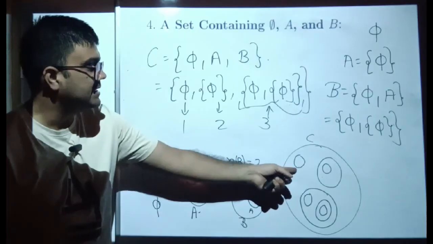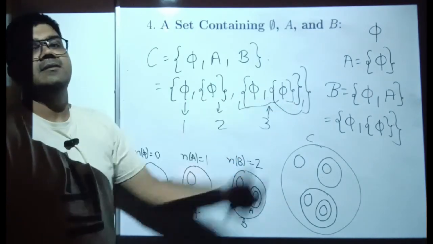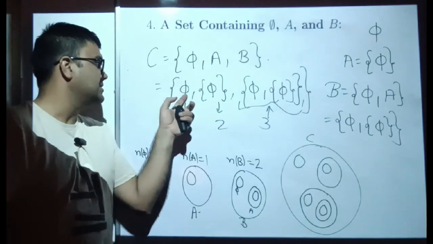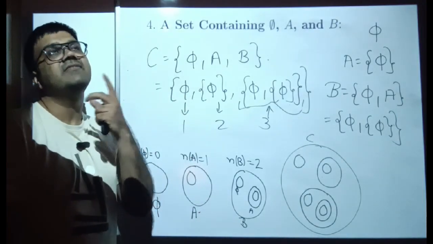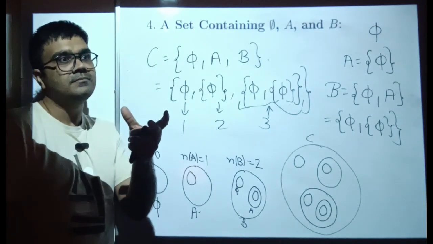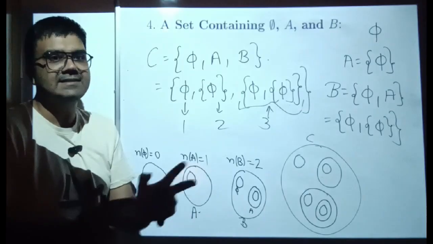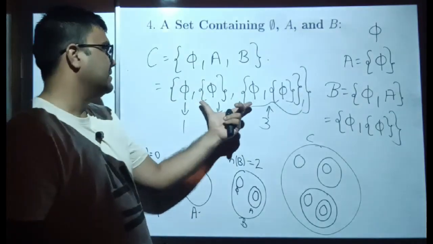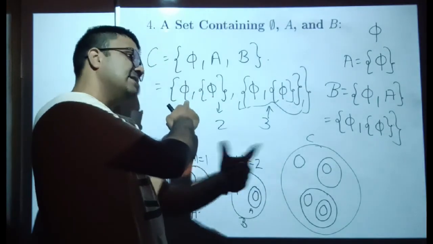How many elements are there in this set C? One element, two elements, three elements. All these sets contain a set having the empty set. So basically we are talking about a bag having balls. Balls are just like the elements, an empty bag is like the empty set. This is a bag, it contains another bag which is empty.